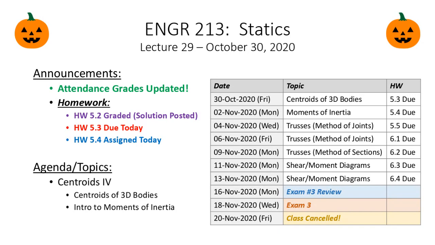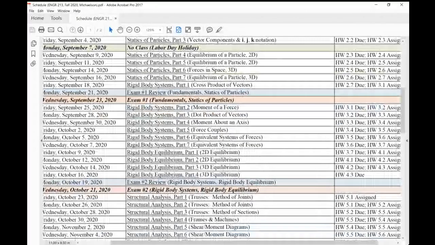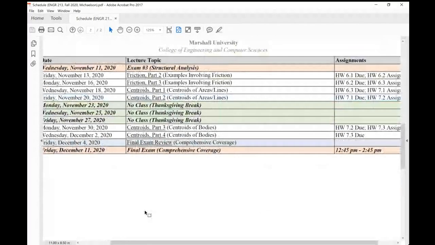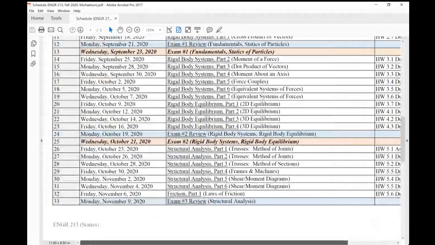So I'm going to stop this share and I'll share the class schedule. Okay, so here's the class schedule, and let me talk a little bit about where we're at and where we're headed.